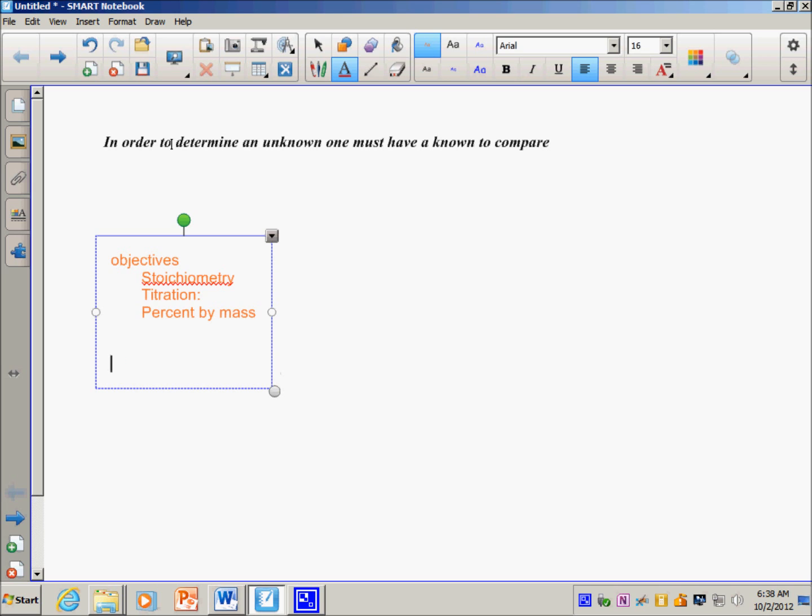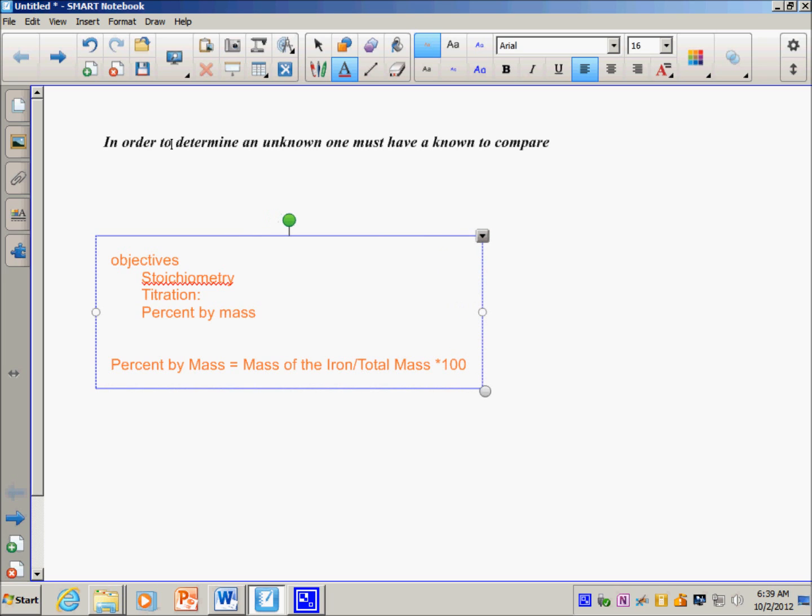So percent by mass, as you hopefully know, is fairly simple mathematics. It is the mass of the actual iron in your sample, divided by the total mass, then times 100 to get it into a percentage.